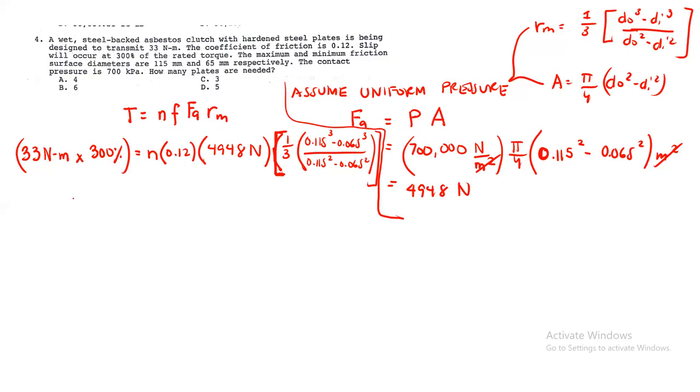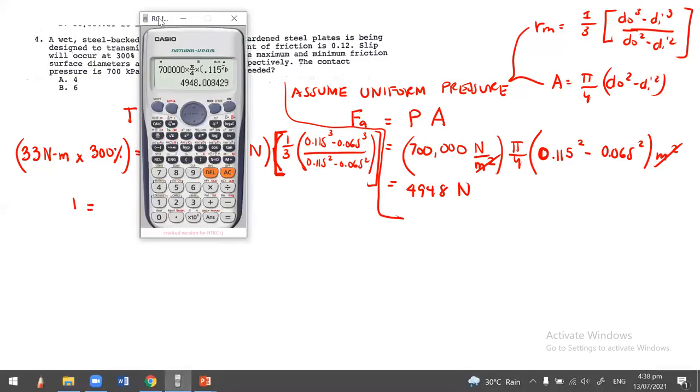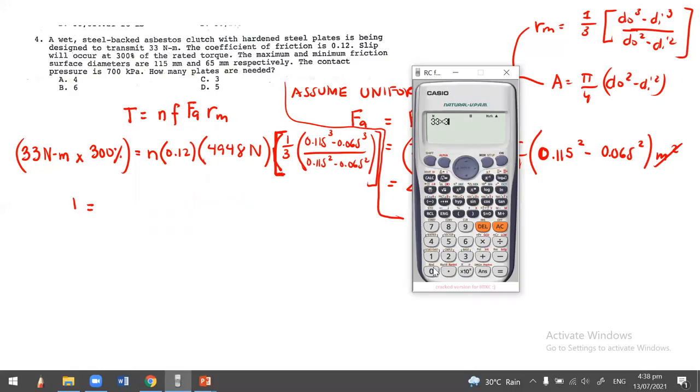So makukuha natin yung n dito. So 33 times 300% equals n times 0.12 times 4948 times 1/3 times 0.115 raised to 3 minus 0.065 raised to 3 over 0.115 squared minus 0.065 squared.